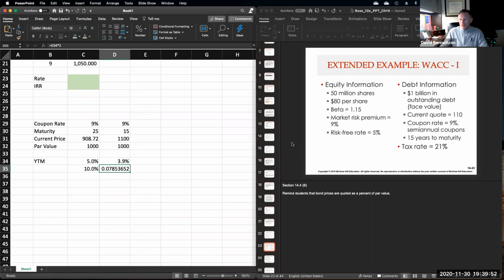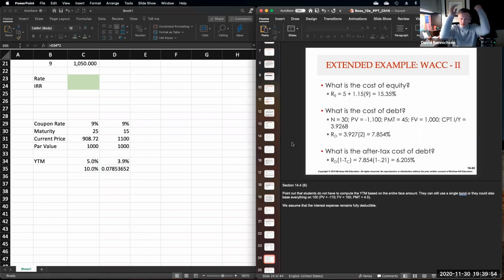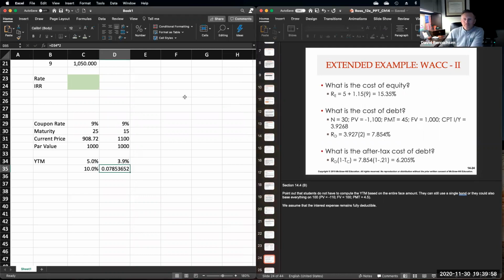Yes, our yield to maturity is 7.85%. So our cost of debt, not adjusted for tax, is 7.854%.